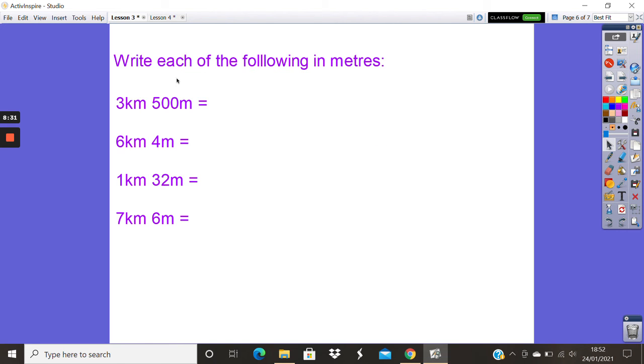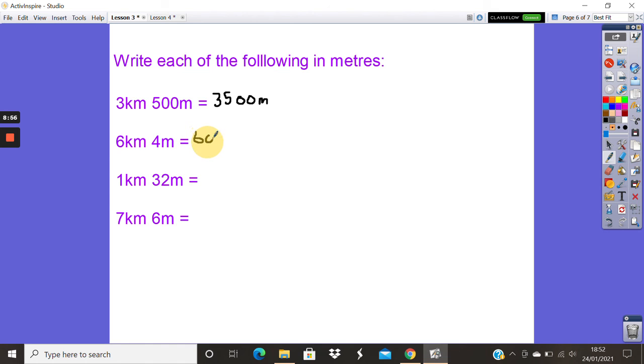Write the following in metres. So you're going to convert these kilometre measurements into metres. So again, similar to centimetres and metres, we are going to do 3 kilometres 500 metres equals 3,500 metres. Okay. 6 kilometres 4 metres would be 6,004 metres.